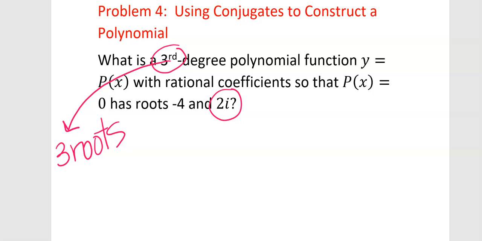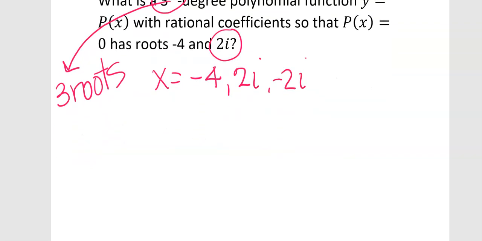So far my answers are going to be these 3 numbers: -4, 2i, and what's the conjugate of 2i? Those are my 3. Now I'm going to multiply. Okay, so we need factors. Remember to do factors, you're starting kind of like this.